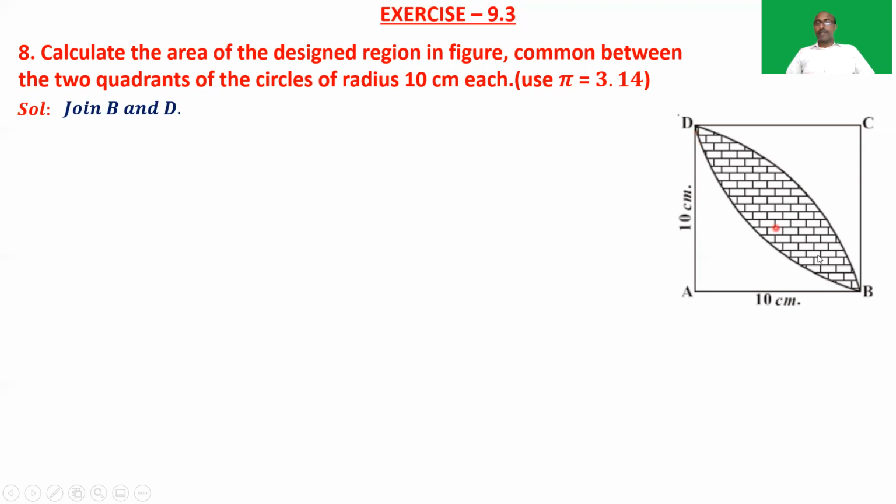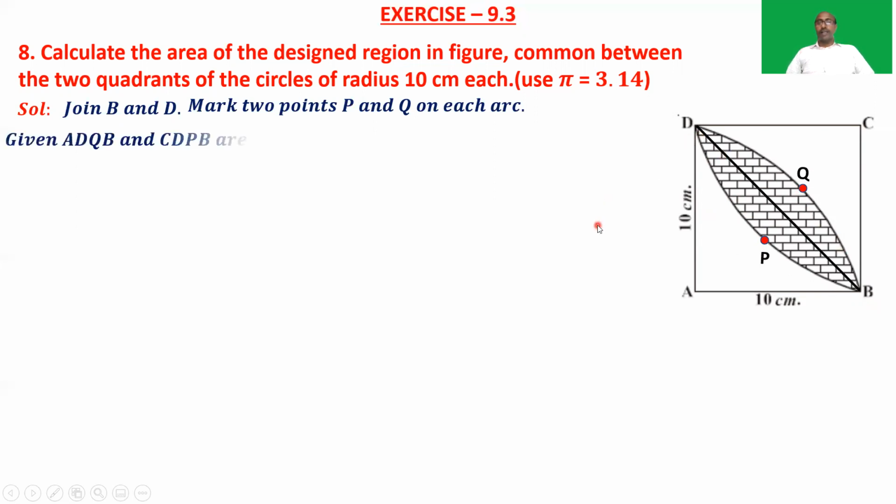Now join B and D. Mark two points P and Q on each arc like this. P is a point on the arc DB and Q is a point on the arc DB. Given ADQB and CDPB are two quadrants of circles of radius 10 centimeter.